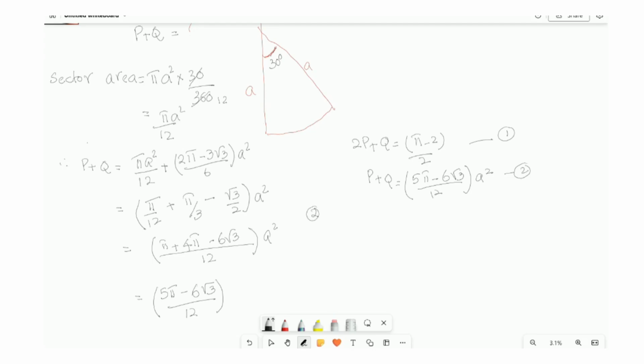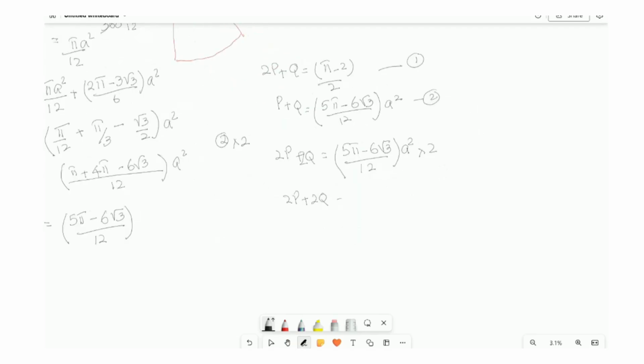Then I multiply equation 2 by 2, so 2p plus 2q is equal to (5π − 6√3)/6 times a².